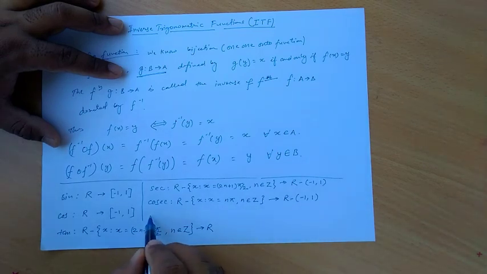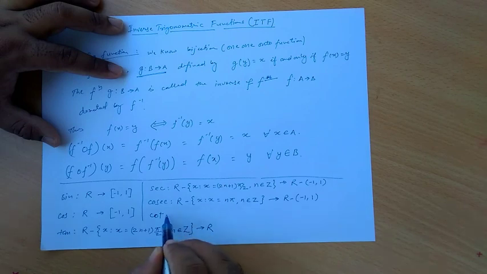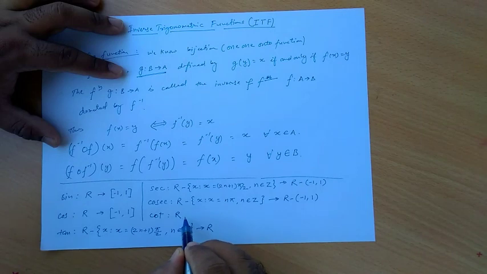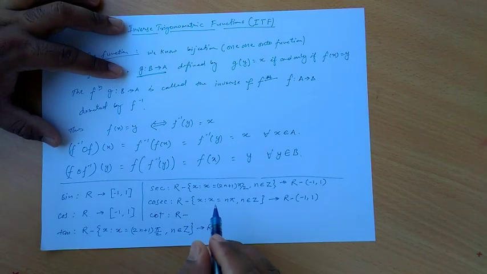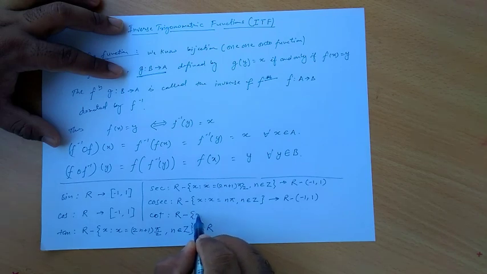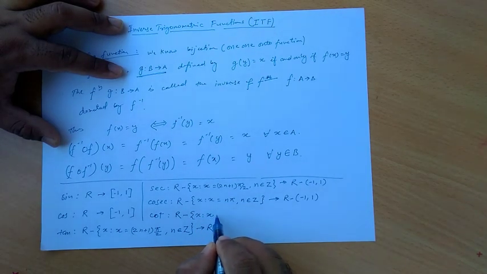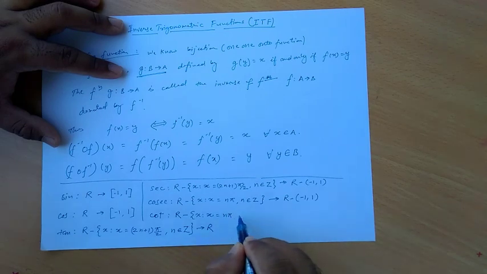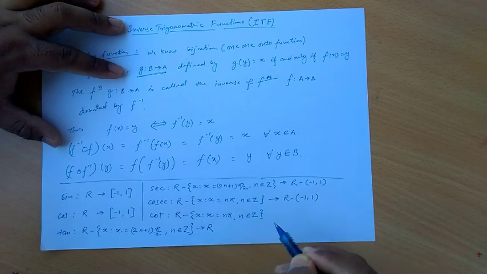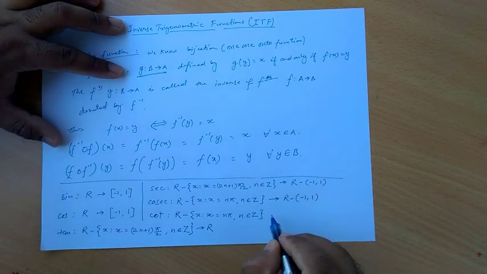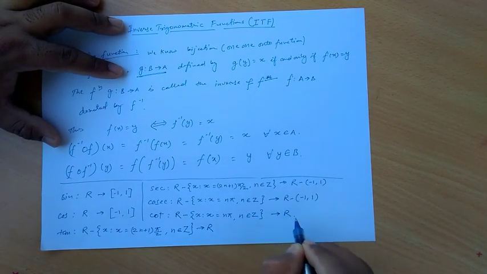Then last but not the least, that is cot, and this is a function from the real numbers except x, where x equals n pi and n belongs to integers Z, to the real numbers.